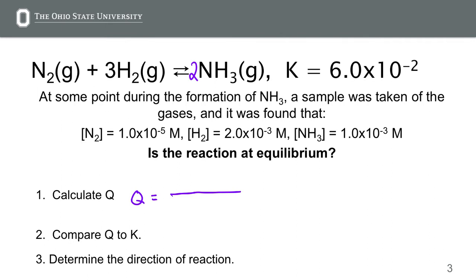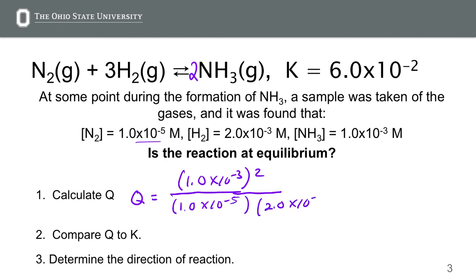Okay, so Q is equal to 1 times 10 to the minus 3, squared, over the concentration of N2, that's 1 times 10 to the minus 5, times the concentration of H2 cubed, 2 times 10 to the minus 3, cubed. So let's calculate that.